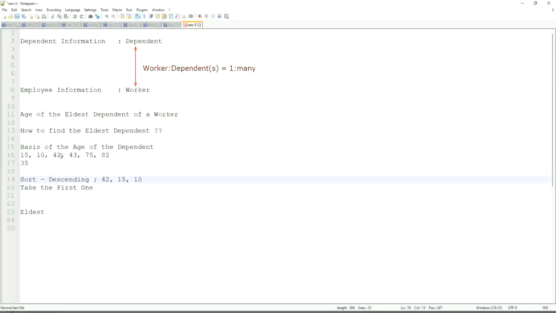Right. Only one problem is if there are multiple dependents with the same age. If there are only children as dependents, and there is a twin of the same age, then at that point it becomes difficult, but other than that it is more or less foolproof.